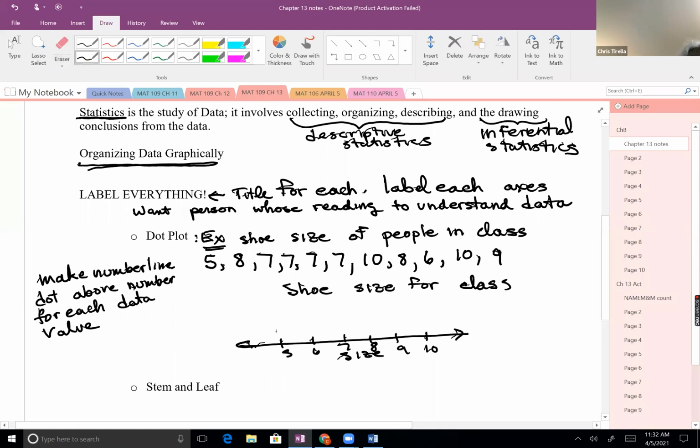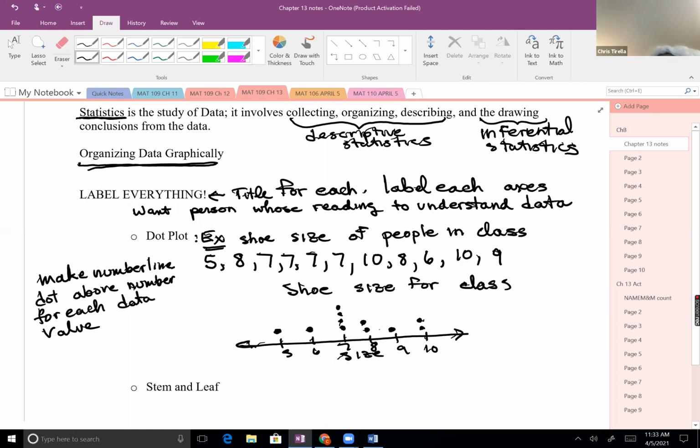And then I'll put a dot above 5, above 8. And then let's see, I've got four 7s in a row. Then I have a 10, another 8, another 6, another 10, and a 9. And do you see how easy that representation is to make and how it organizes our data for us?